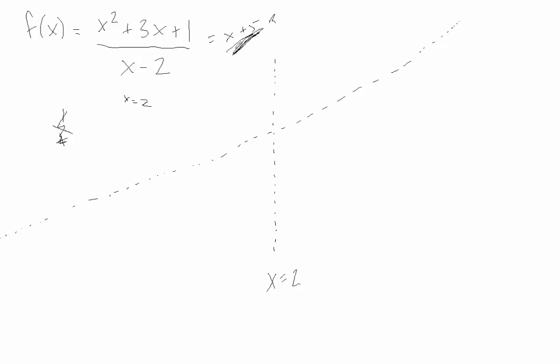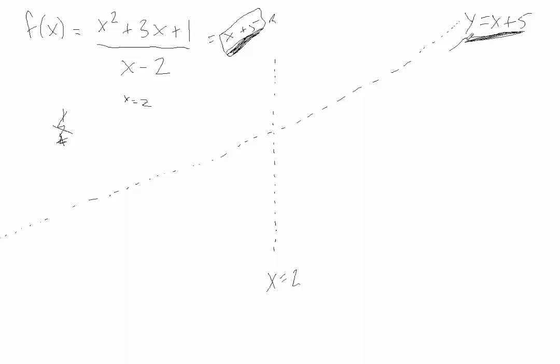But what I care about is this right here. No matter how big x gets, the ratio of the top over the bottom will roughly be x plus 5. So this ends up being the line y equals x plus 5.